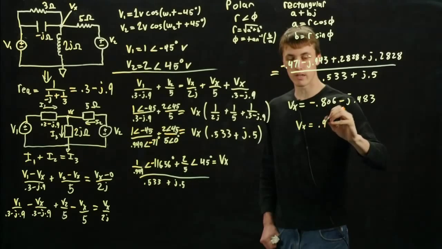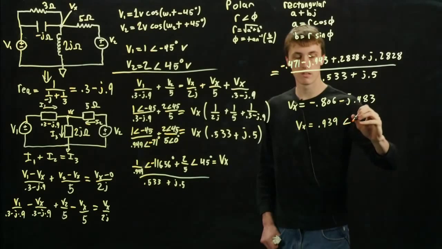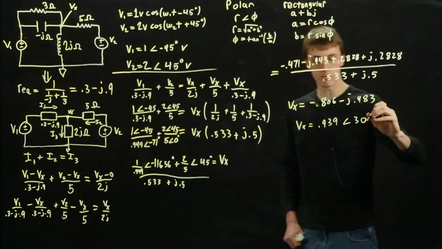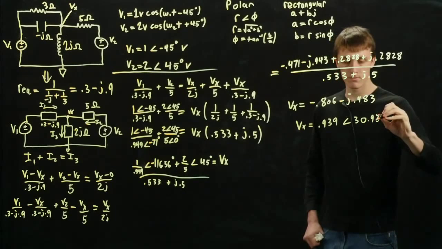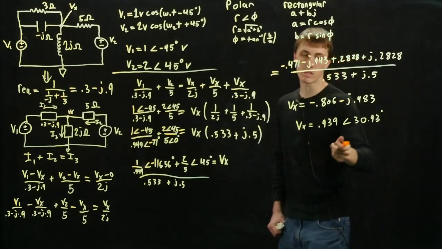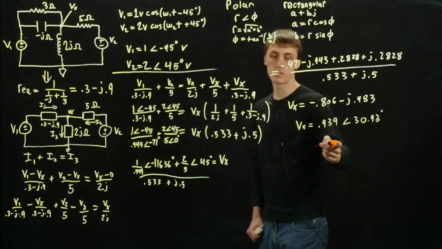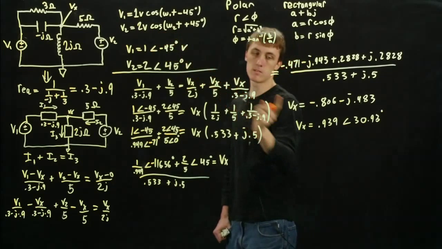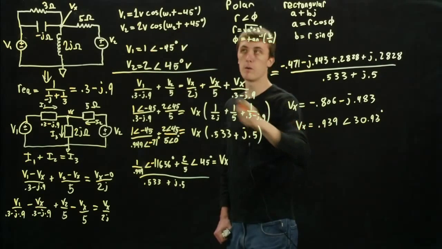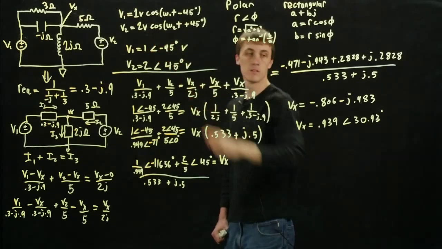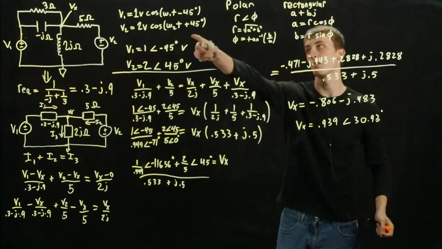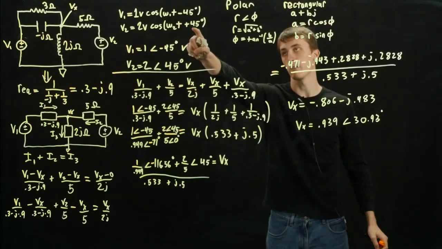It's equal to 0.939 with a phase shift of 30.93 degrees. And we actually convert this back into time domain using the same logic. This Vx, the r is just the magnitude, and the angle is just whatever we would plug in right there.